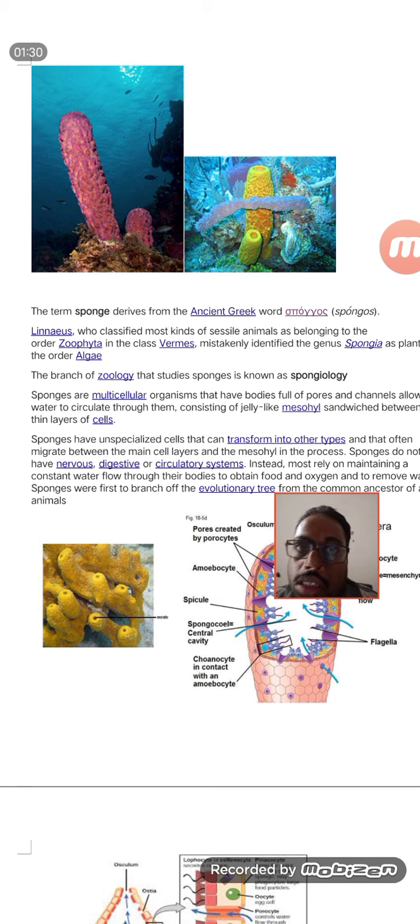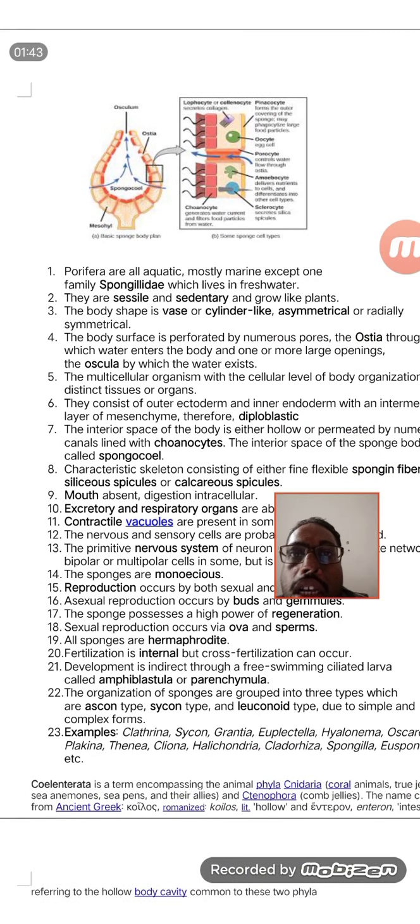The branch of zoology that deals with the study of sponges is known as spongiology. When we come to the characteristics of the sponges, there are 21 characters. The last two are the different types of sponges, and the 23rd one is the examples. So these are very much important.